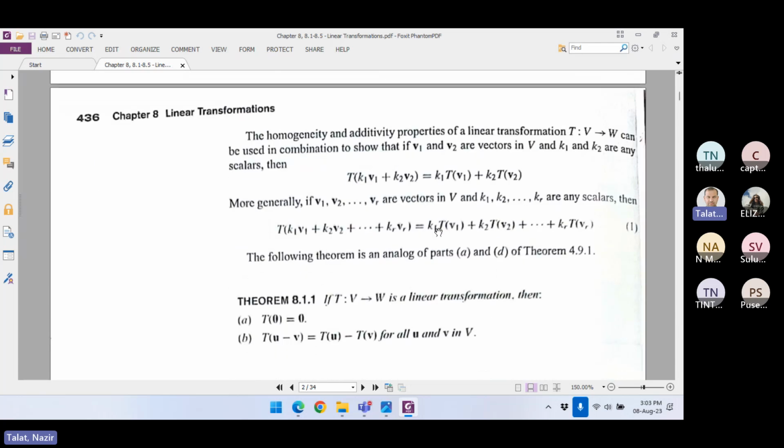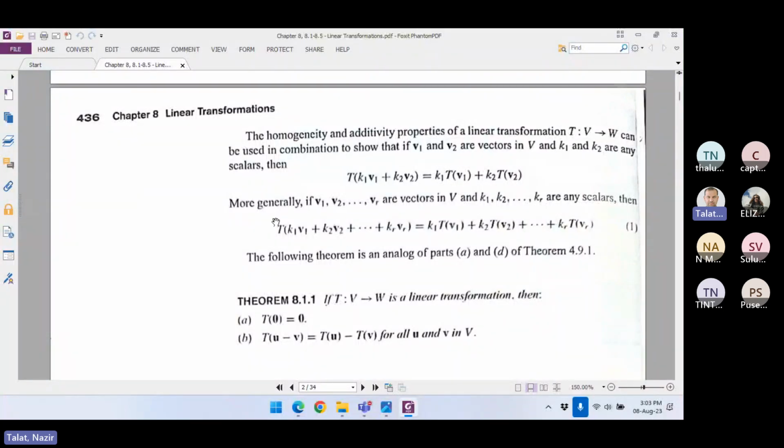Now, if we extend this property, we can see that it is also equivalent to T of k1 v1 plus k2 v2 is equal to k1 T v1 plus k2 T v2, where k1 and k2 are any scalars.